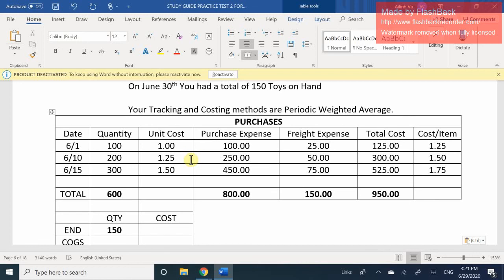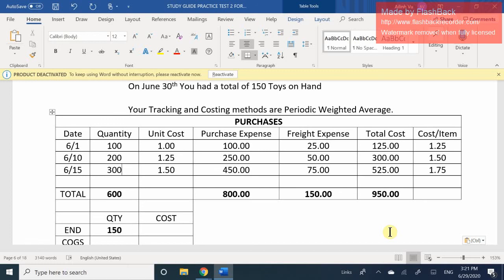But what do we need to do in order to calculate a weighted average? What is different about solving this? We're still ignoring the sales because we're doing purchases.